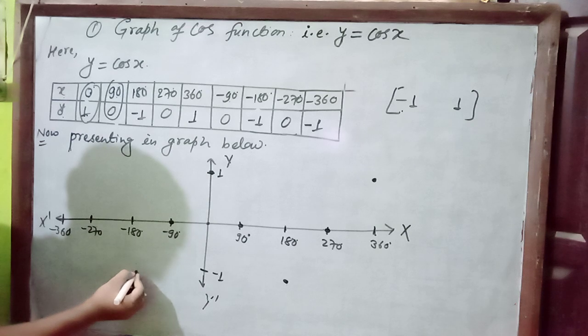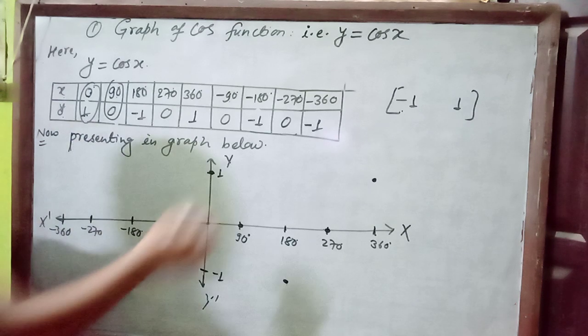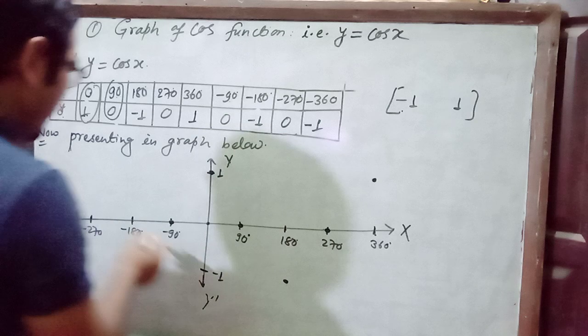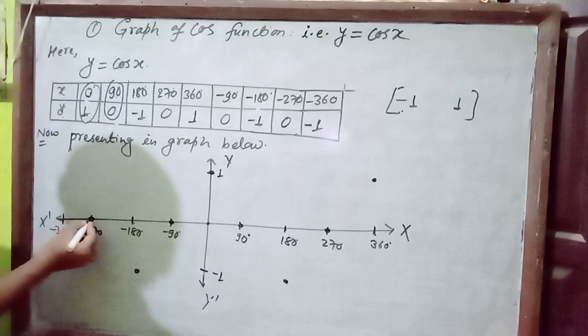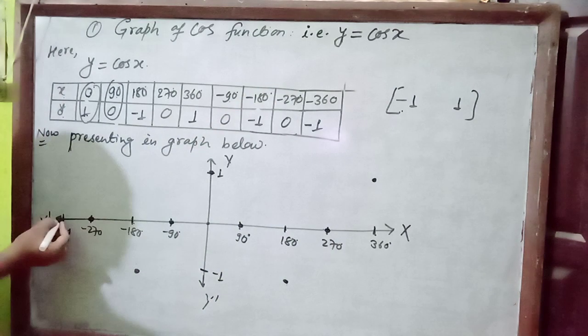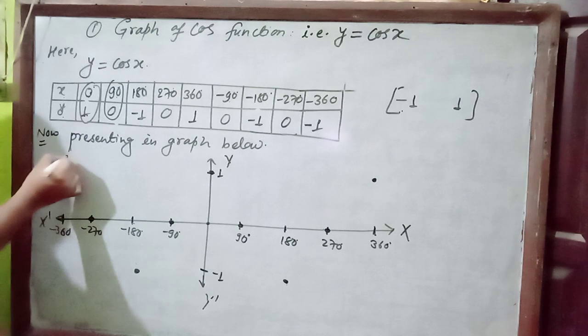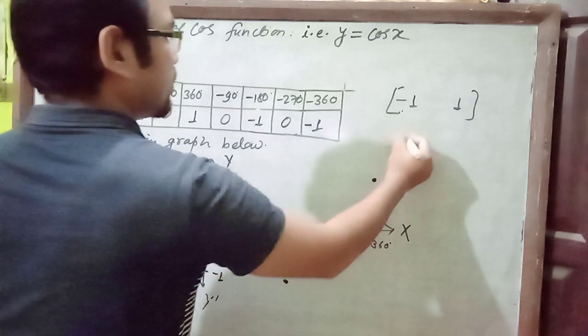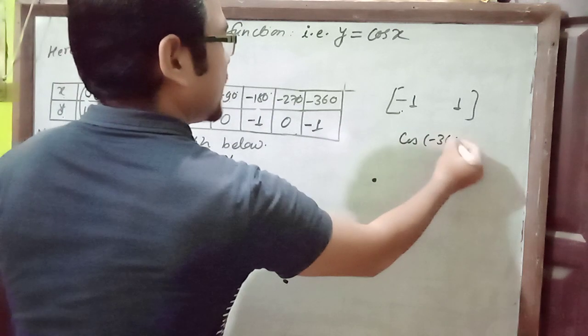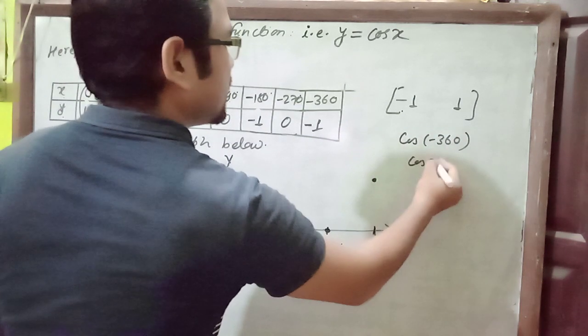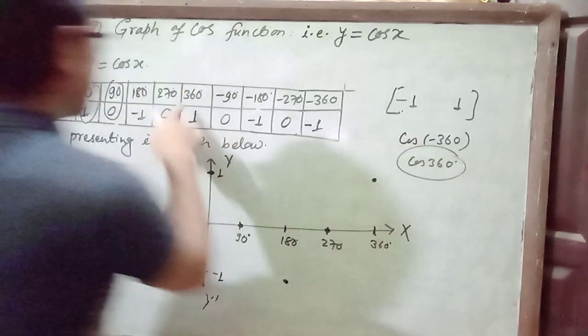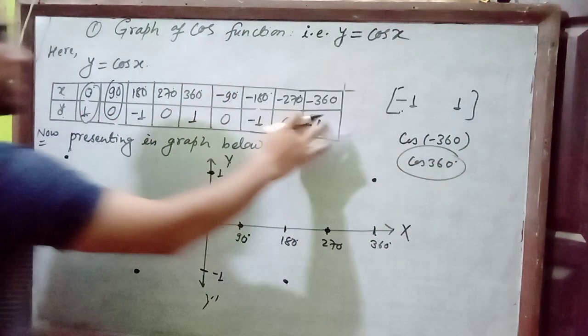Similarly, next one is -270. -270 is 0, here itself. And -360, it's plus 1. That means cos -360, cos remains positive, cos 360 value is here itself, 1 upside, there is plus 1.